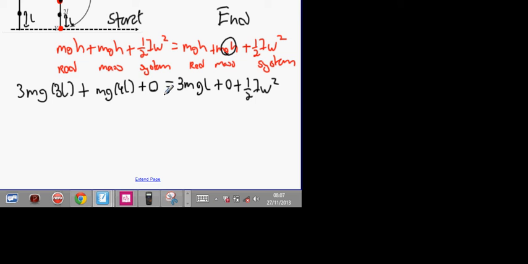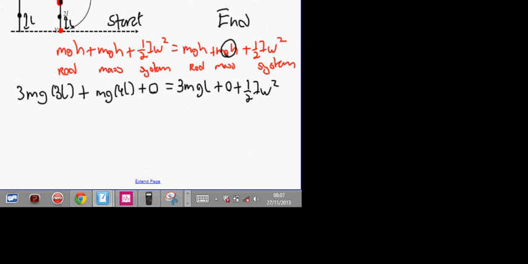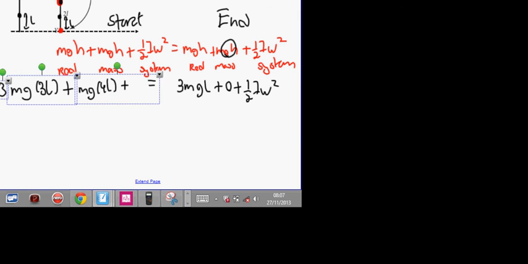Oh wait. Was it moving at the start? Yeah, sorry, it gets set off with an angular speed. So unlike previous questions, it gets set off with an angular speed. So we just have to do a quick adjustment here. Usually it's not moving at the start, but this time it is.